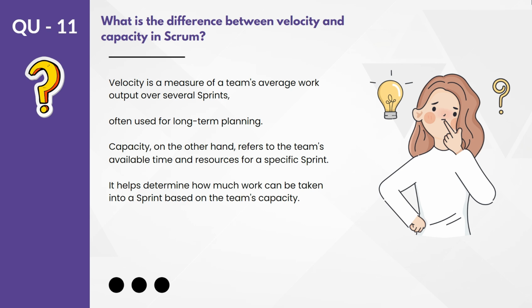Velocity will give you how many story points in general are being delivered on every sprint, but capacity will tell you how many hours or how much effort is available from the team side for the sprint. So that's the difference between velocity and capacity.